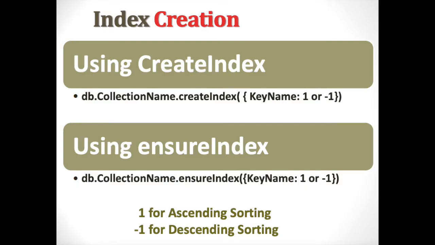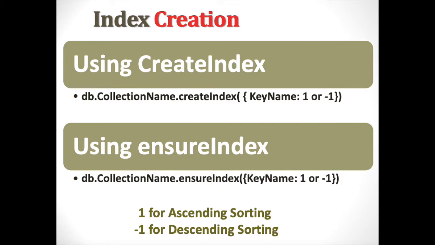Index creation can be done in two ways. We'll try out both ways, or we might not. You can use db.yourCollectionName.createIndex and pass in a key followed by a colon, 1 or -1. 1 is for ascending sorting and -1 is for descending sorting.